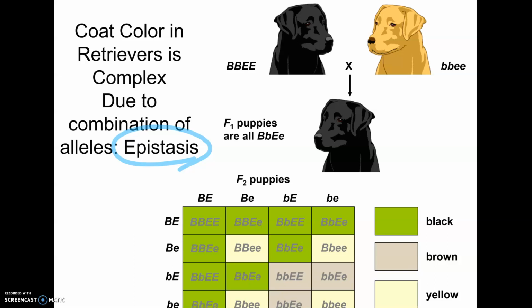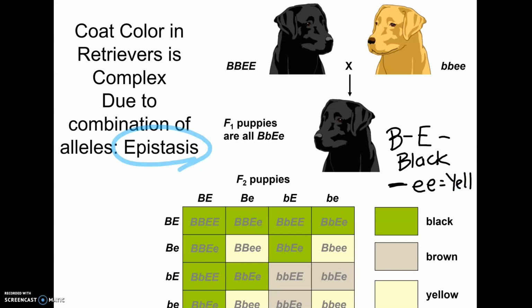Well, it turns out that if you have big B anything, big E anything, you will be a black lab. But if you have the specific gene combination of anything, big B or small b, with little e, you'll be a yellow lab.